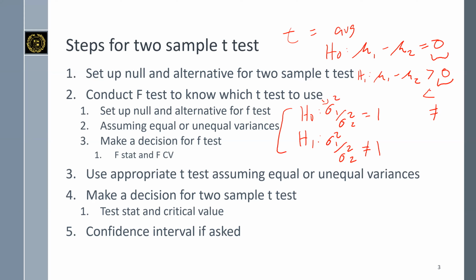From there, we can carry out the appropriate t-test, assuming equal or unequal variances. As soon as you run your f-test, you get your decision. You can either fail to reject or reject your null. From there, there are certain formulas that you're going to need to know, and I'm going to cover those in this slide as well.